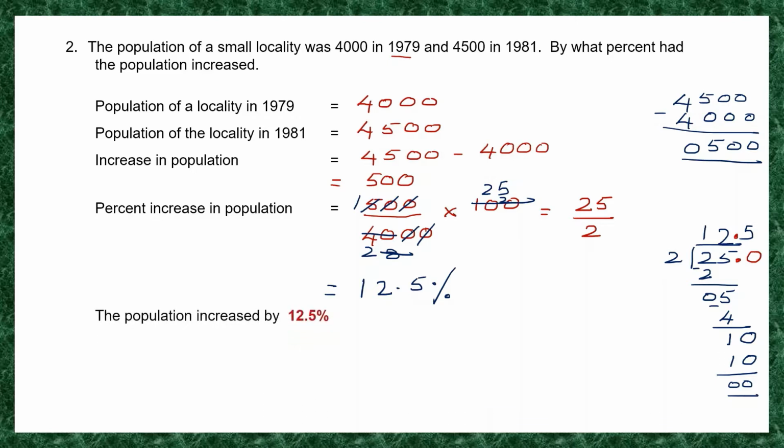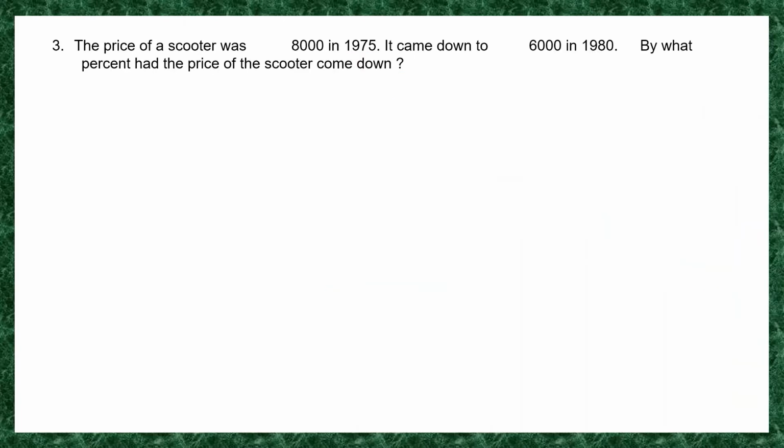So the population increased by 12.5%. Question 3. The price of a scooter was 8,000 rupees in 1975. It came down, the price reduced to 6,000 in 1980.